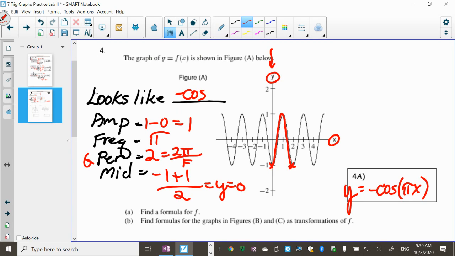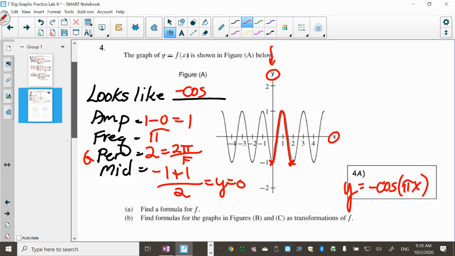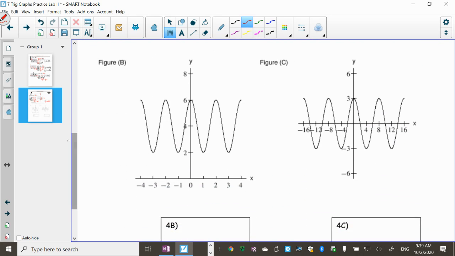Now the other two on this page are transformations of this, but don't worry about it. I'd rather have you do this each time so I can shift this all over the place and we can kind of figure out what the formula is. So again, go ahead, stack and rack, and tell me what the formula is. I'll give you a few minutes, for you here and at home.